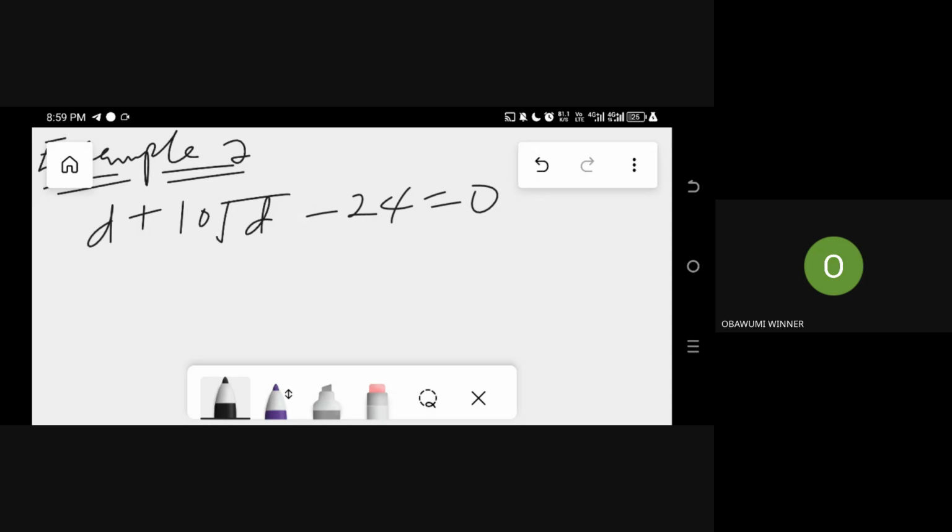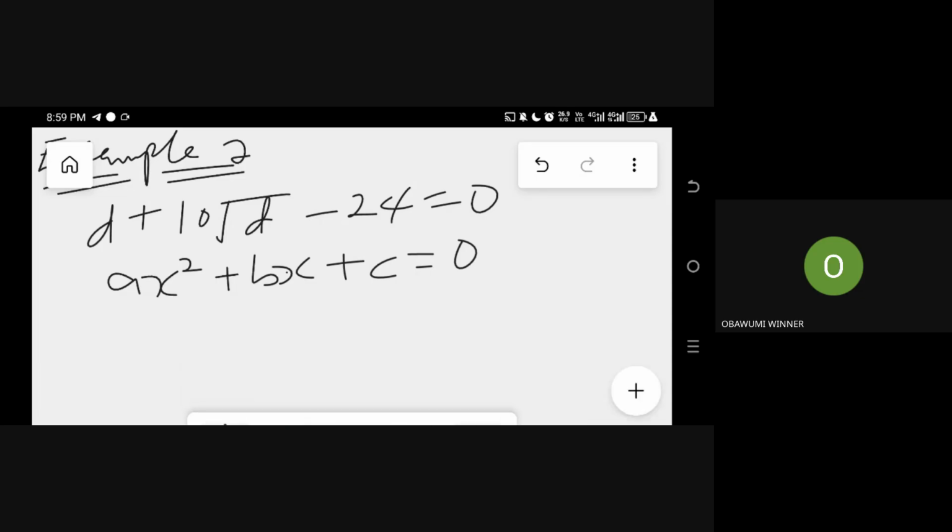In a quadratic equation, we're supposed to have it in this form, AS squared plus BS plus C equals 0. That means we're supposed to have one that has a square, another one without square, and a constant, one without any letter at all. But now what we have here isn't quadratic, but we can turn it into quadratic.